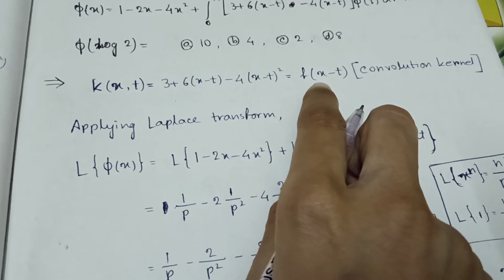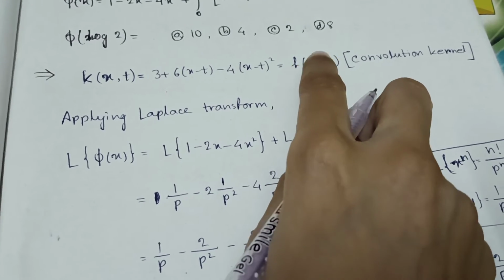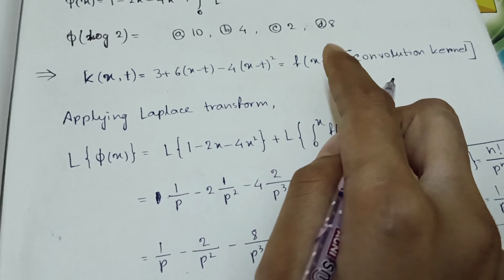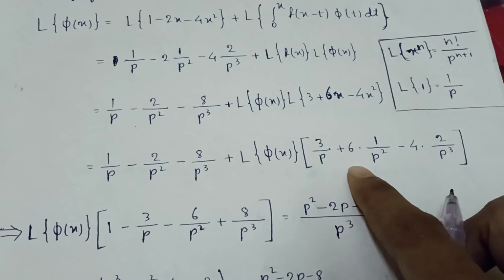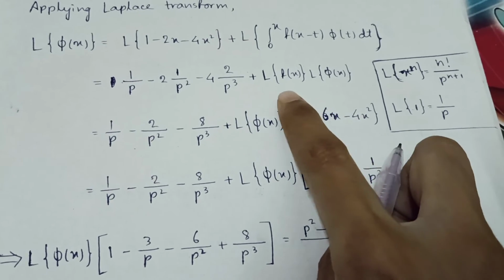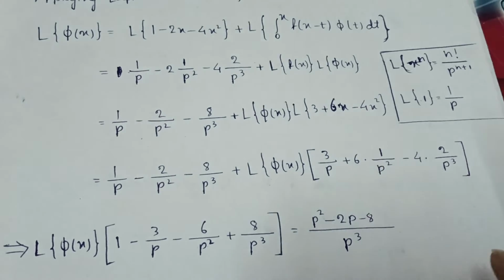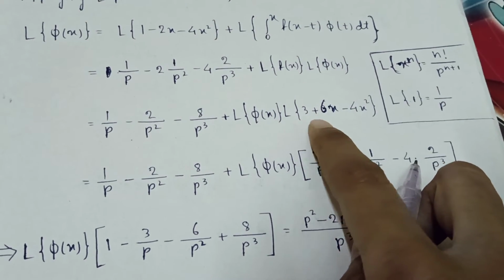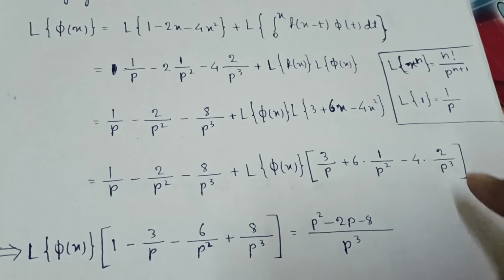If we put x in place of x minus t, it changes into only x instead of x minus t. So I have written x instead of x minus t, since it is a function of f(x). Now apply these formulas from the Laplace transform to get this line.